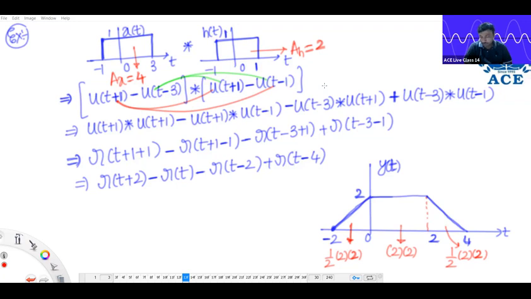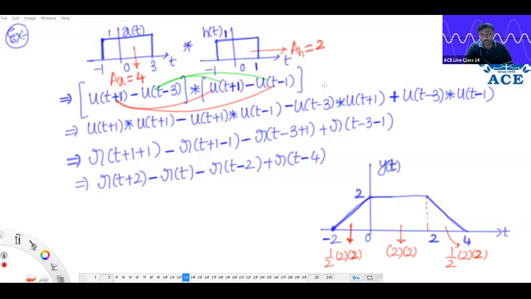The important observation we have to make in this particular question is: what is the duration of each rectangle we have chosen? First rectangle length 4 units, second rectangle length 2 units.